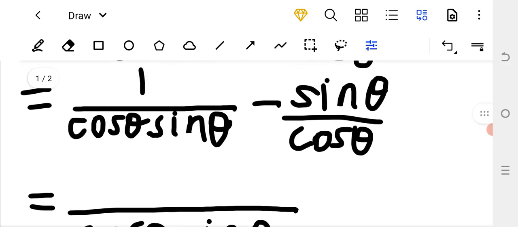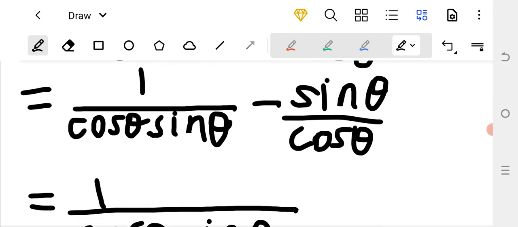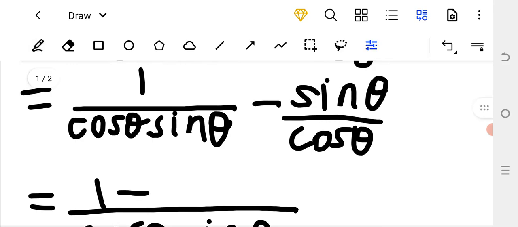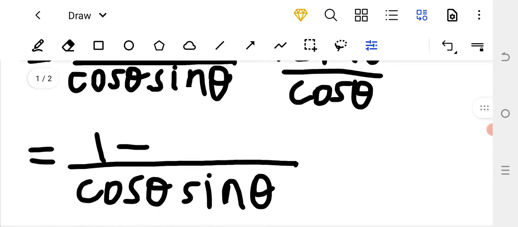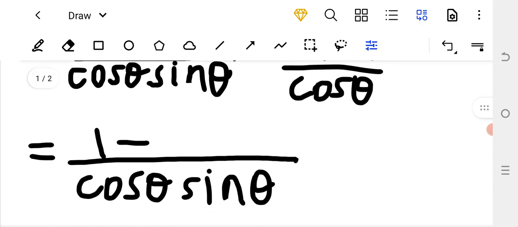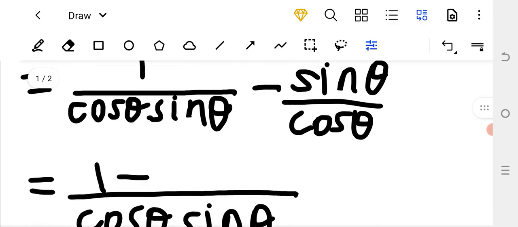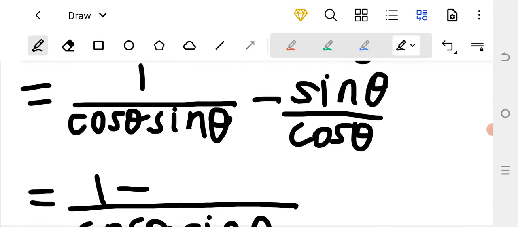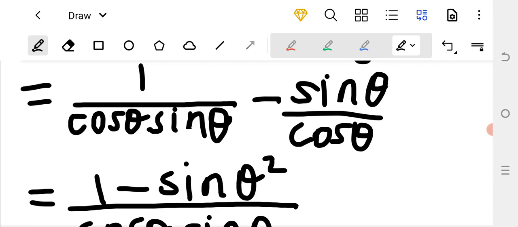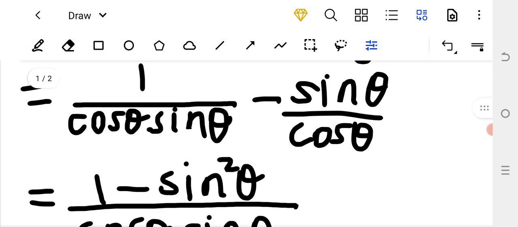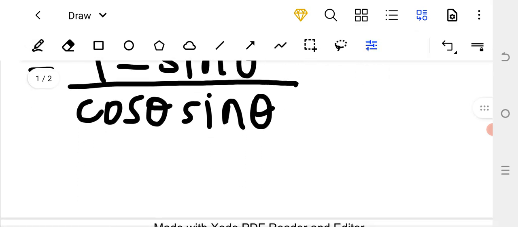Cos theta sine theta into itself is going to be 1. 1 times 1, we're going to have 1. Then we have minus cos theta into cos theta sine theta, which is sine theta. Sine theta multiplied by sine theta, you write it as sine theta squared.